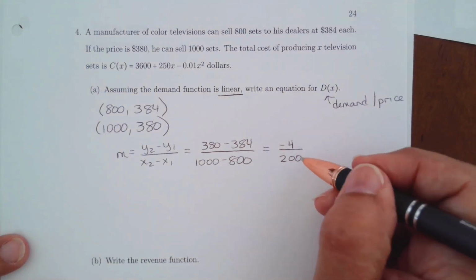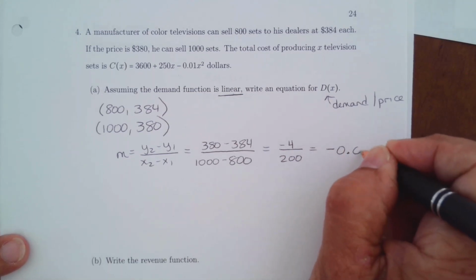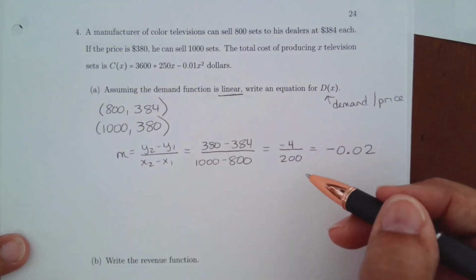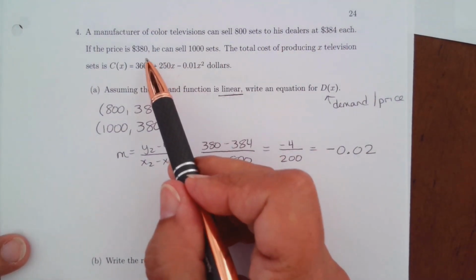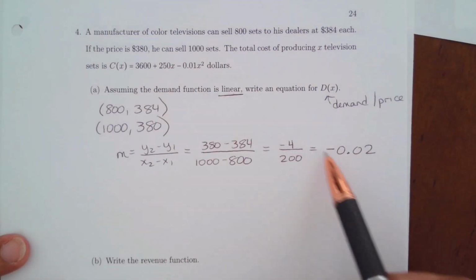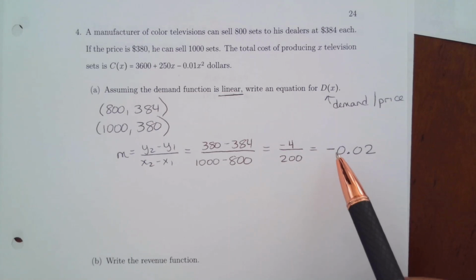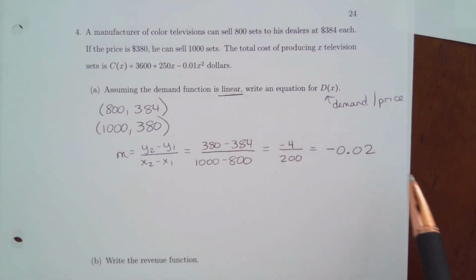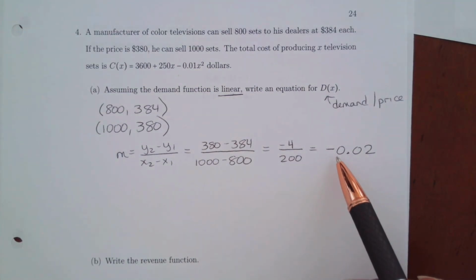And if you divide -4 by 200, you're going to get -0.02. Okay, it is negative. And we know that because, look, the more I sold, the price went down. Right? So that would make sense that the cost per item is going to go down 2 cents per item. So that's what that negative sign means. The cost is dropping by 2 cents.